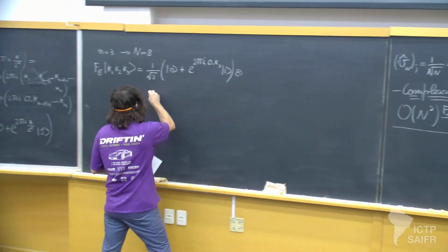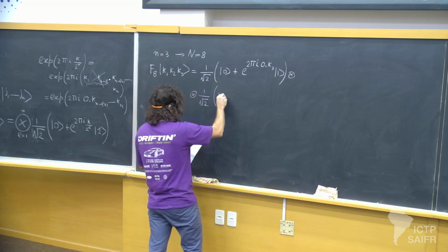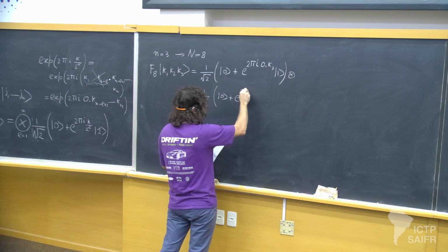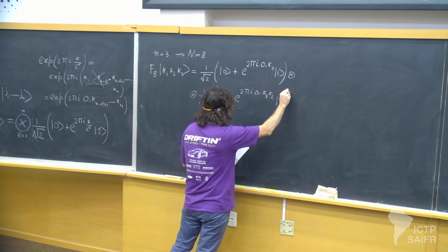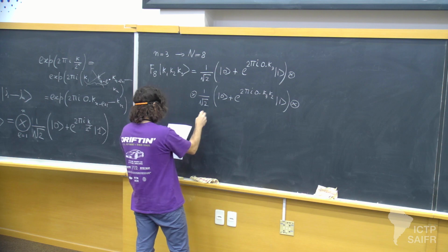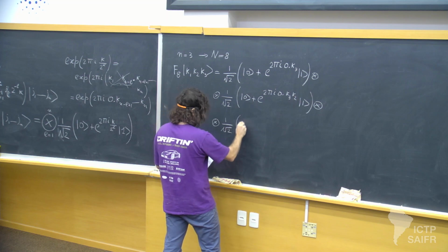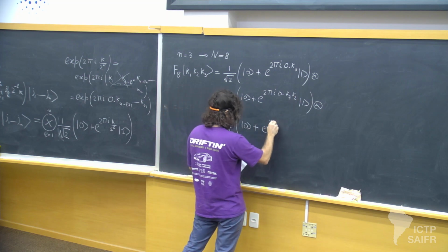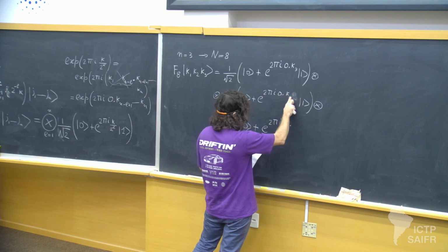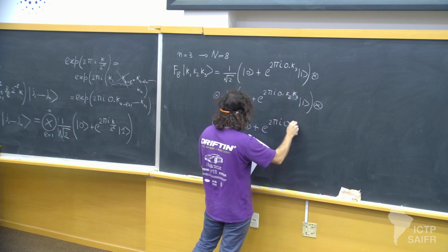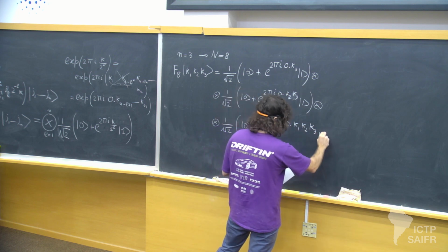So this is the first tensor, then 1 over square root of 2, 0 plus e to the 2 pi i 0 dot k2 k3 acting on 1, tensor 1 over square root of 2, 0 plus e to the 2 pi i 0 dot k1 k2 k3 acting on 1.